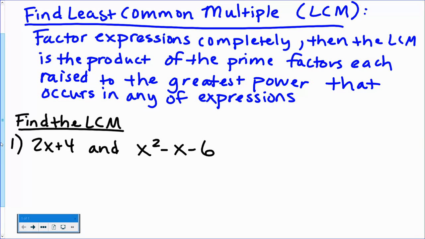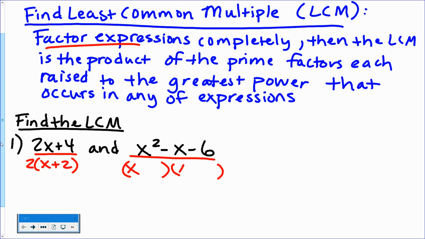Okay, so it's suggested that we factor any expressions that we can. So on this first expression, 2x plus 4, I can factor out a 2. And for this second expression, I can factor it into two binomials, so x and x. What multiplies to negative 6 but would combine to a negative 1 would be negative 3 and positive 2.